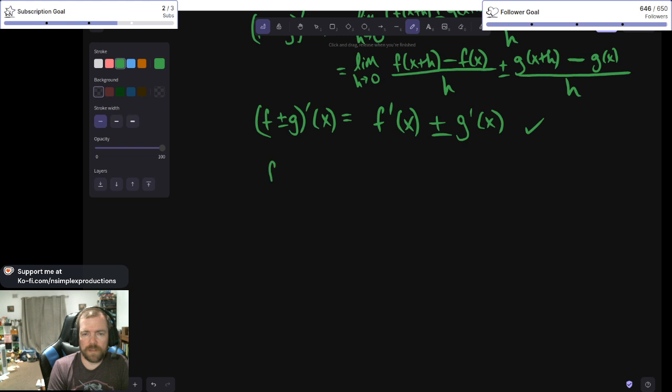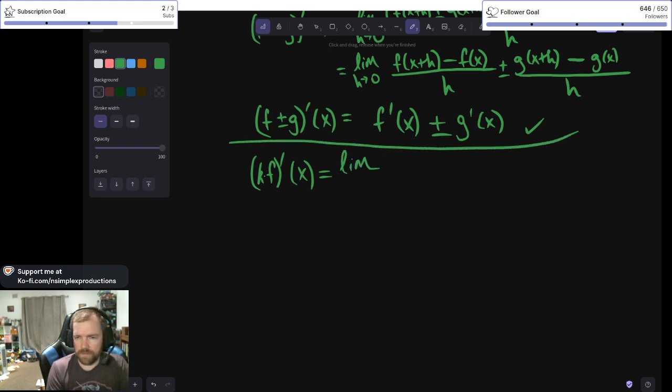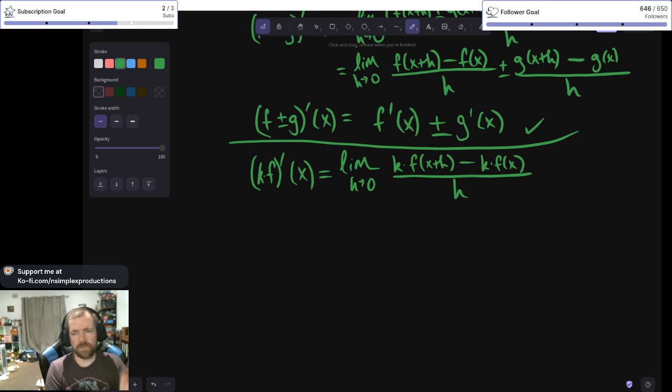And then, if we have k times f, parentheses prime of x, we now have this as the limit as h approaches 0 of k times f of x plus h minus k times f of x all over h. Okay, factor a k from the top.